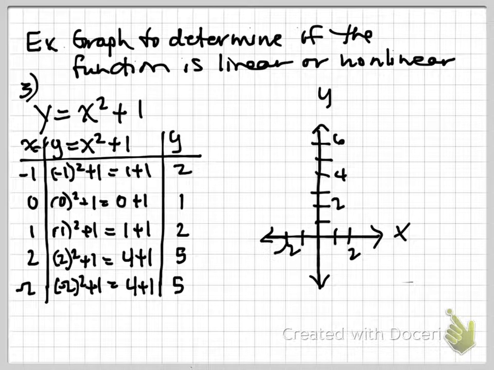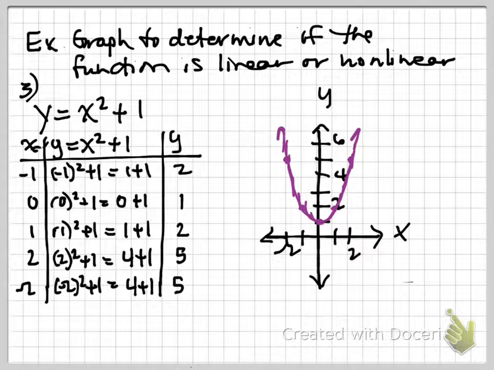So -1, 2, 0, 1, 1, 2, 2, 5, -2, 5. So again, I couldn't draw lines between these, and from one side to the other is how we graph.